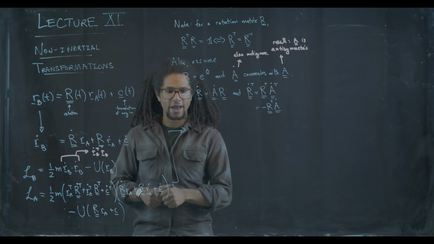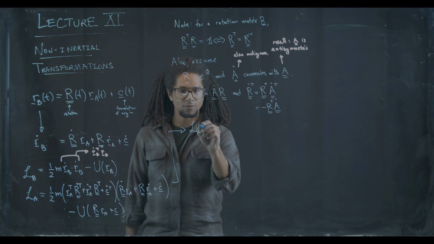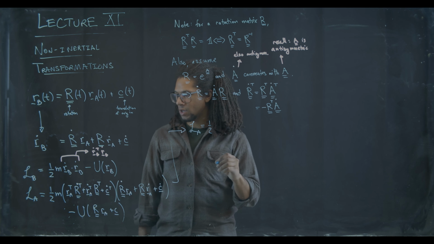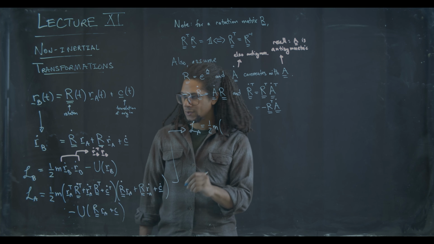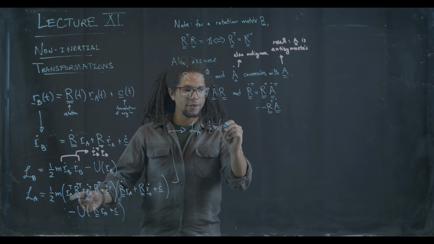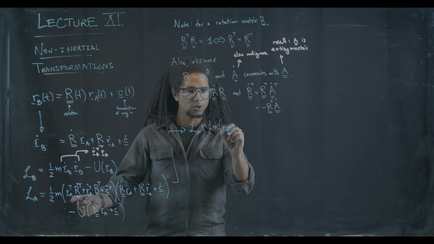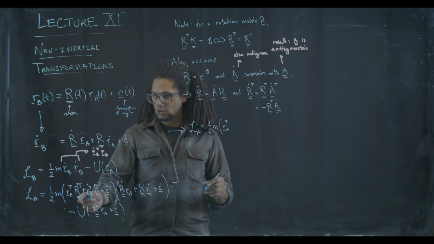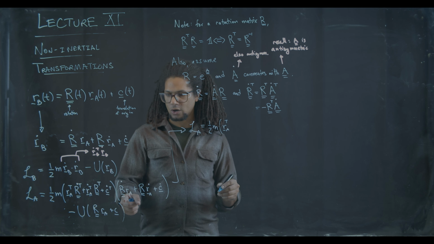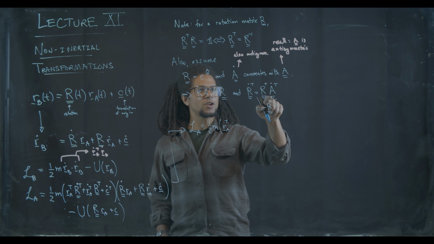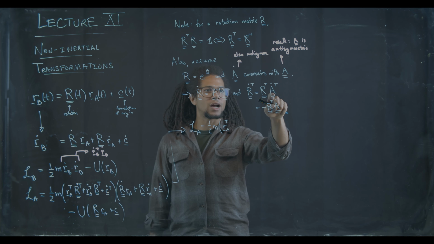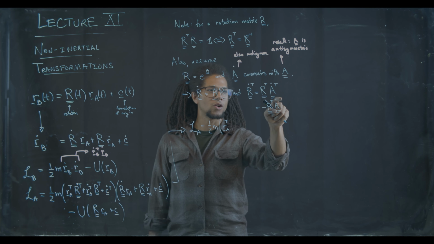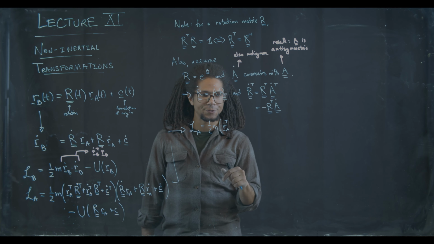Okay, now let's move on here, because really the goal here is just to multiply out this kinetic term. Okay, now let's write LA. And really what we're trying to do mostly is just multiply out this kinetic term. Okay, so I have 1/2 m times RA transpose. Now I have R dot transpose times R dot. I'm also going to need the fact that I could write A dot either to the left or right of R, and similarly over here with R transpose.